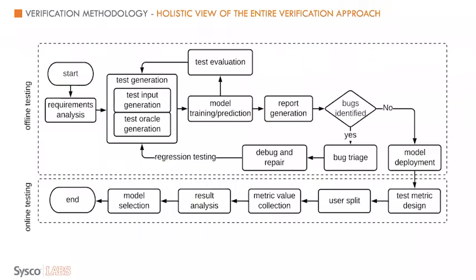So here I have integrated everything; you can consider this as one single slide. You can define all the things that we just discussed. Starting from the requirement analysis, then training the model, evaluating it, generating the simulation of data, generating reports, and if you find any bugs, then you go back, do the fix, and rework it likewise.